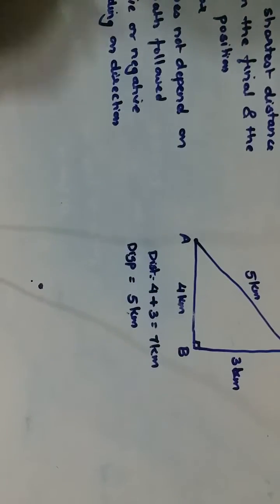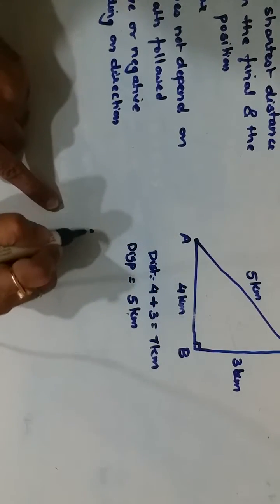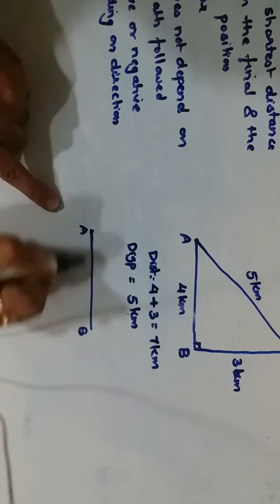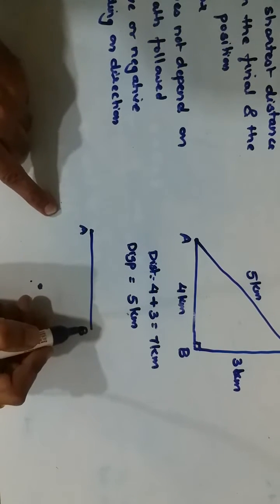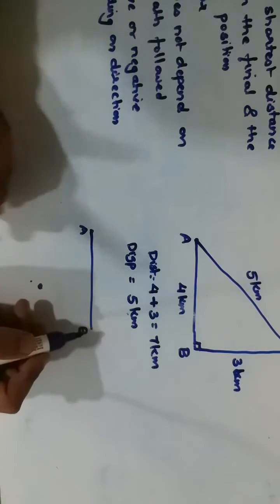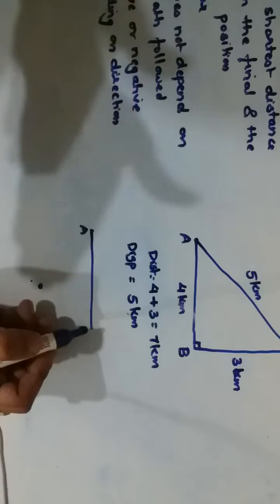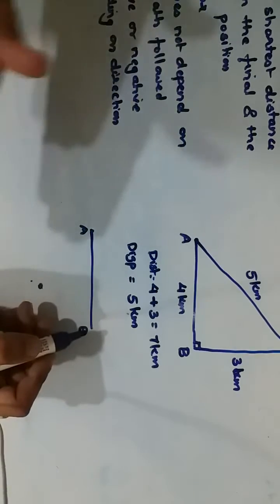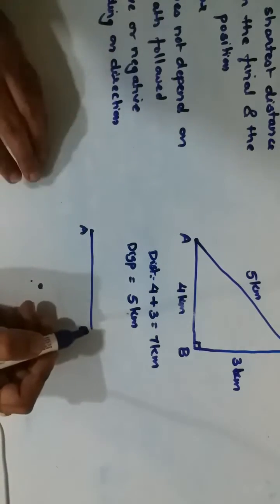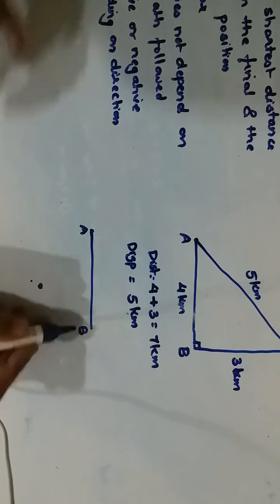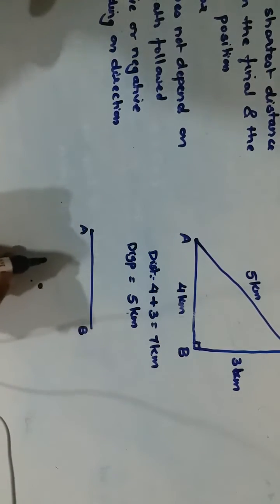Again, try to understand this. If the object is moving from A to B, distance is actually the length, and length is never negative. Length is either 1, 2, 3, 4. On this scale you might have seen 1, 2, 3, 4, all positive numbers. So distance is always positive.